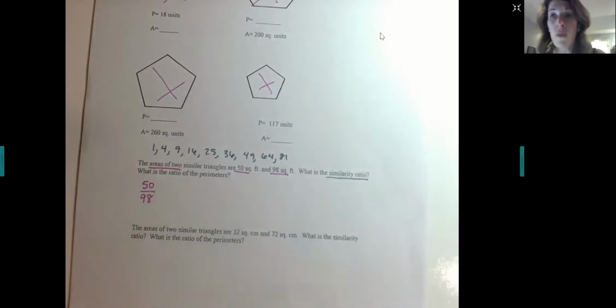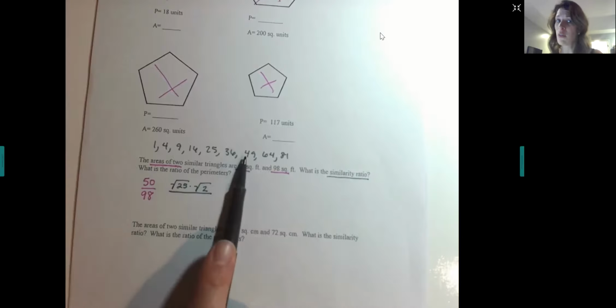When I look at 50, hopefully instantly you could see that 50 can be broken down into the square root of 25 and the square root of 2. So if I'm taking the square root of 50, it's the square root of 25 times the square root of 2. The square root of 25 is my perfect square. The square root of 2 is not. 98 gets a little more difficult.